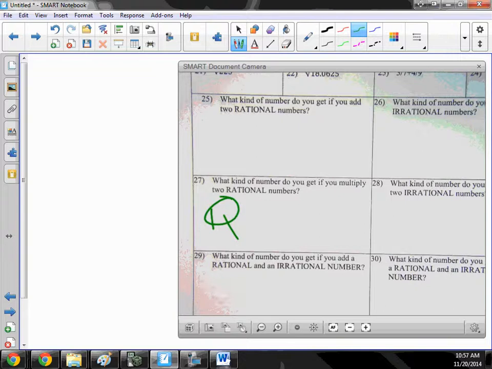But can I take pi and multiply it by something and get rid of the pi? How do you cancel a number using multiplication? No, negative pi would be addition. How do we do the opposite of multiplication? Divide. So if I times this by 1 over pi, what's my answer? 1. So this is either Q or I.